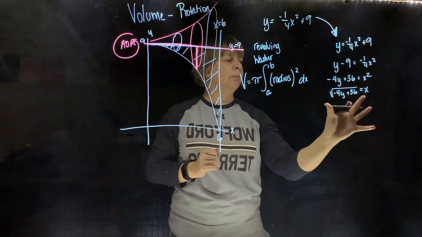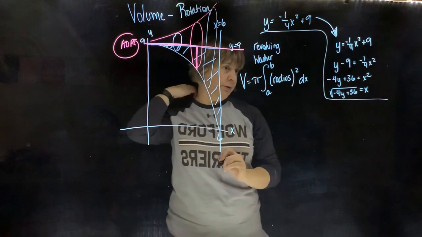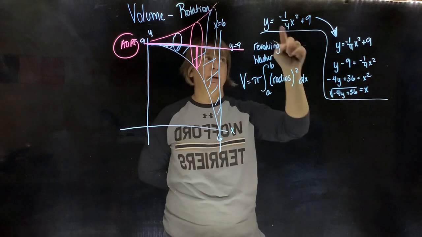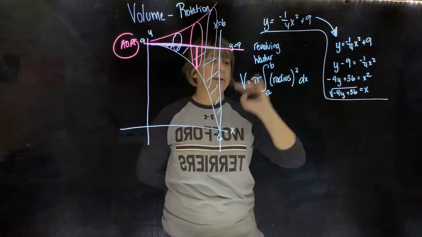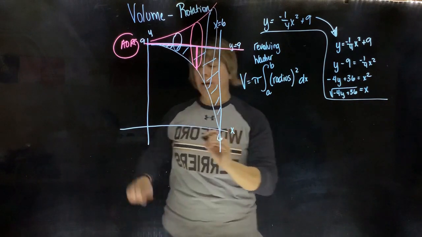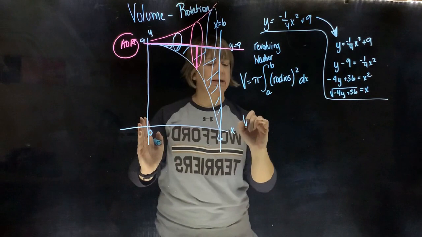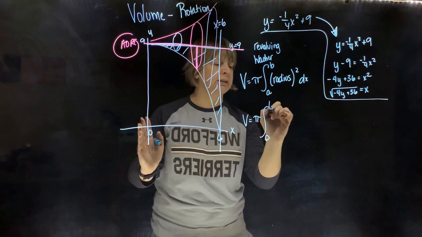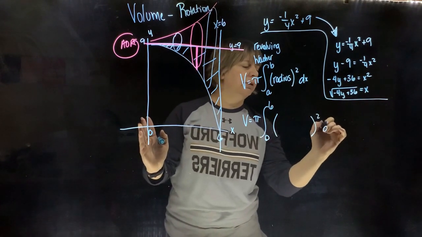I left this from my previous work in case I needed to solve for it, but because it's dx, I need the variable to stay as x, so I won't actually use this part over here. All right, so we're going to integrate. My limits are going to go from 0 to 6. This is our favorite way to do this along the x-axis; we tend to get these correct more. And I'm going to put squared dx.